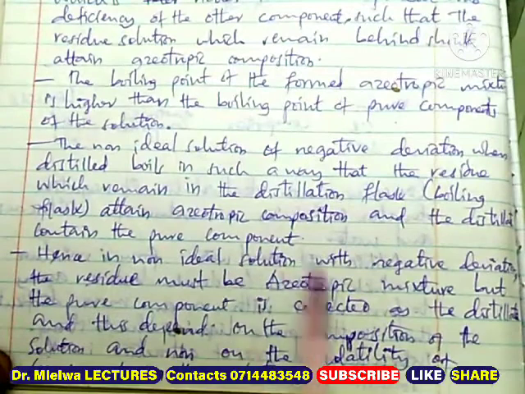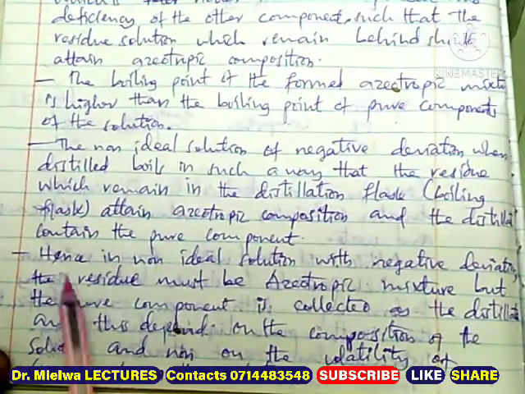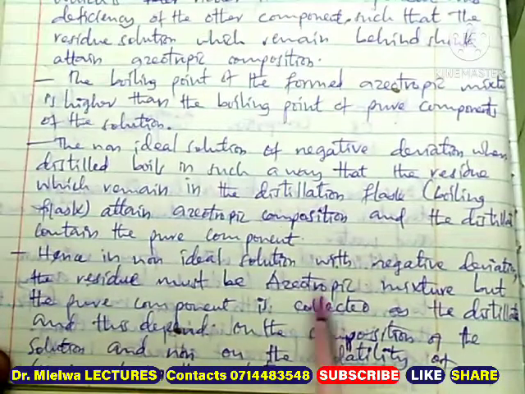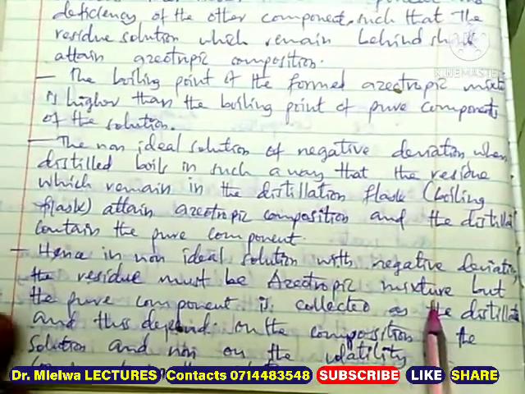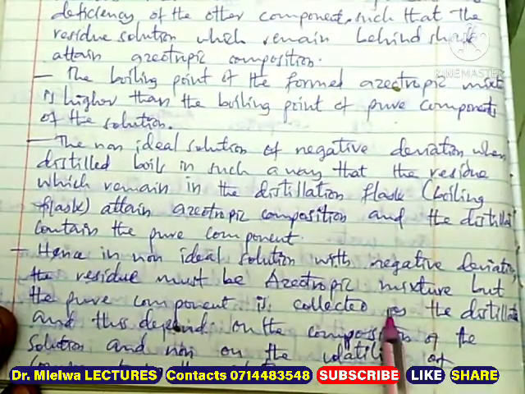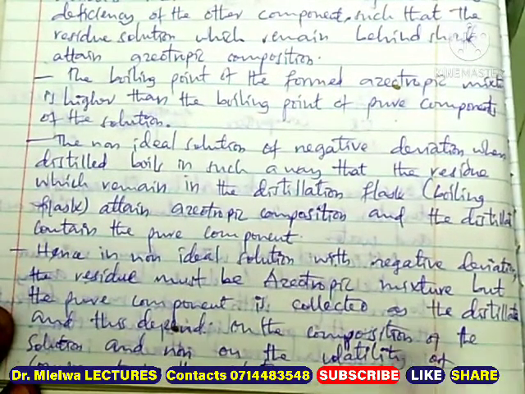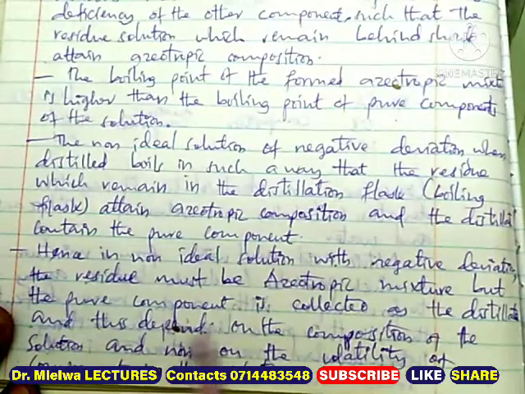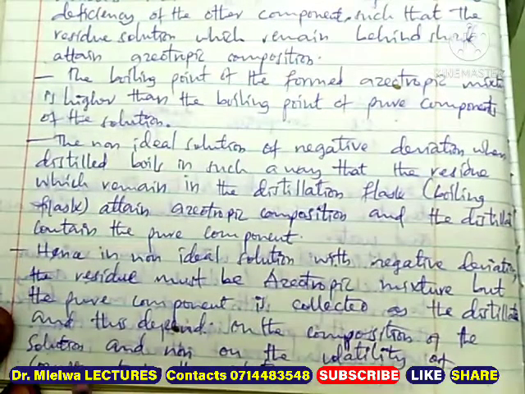Hence, in non-ideal solution with negative deviation, the residue must be an azeotropic mixture, but the pure component is collected as a distillate.